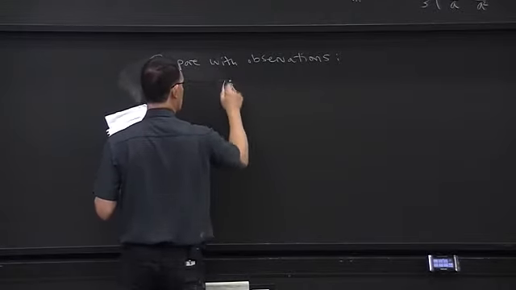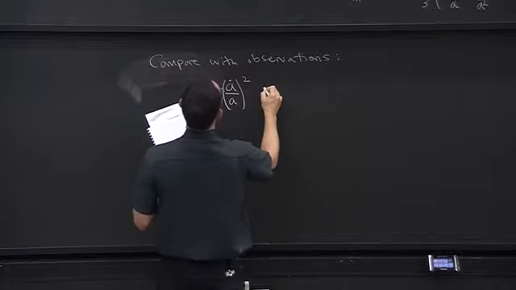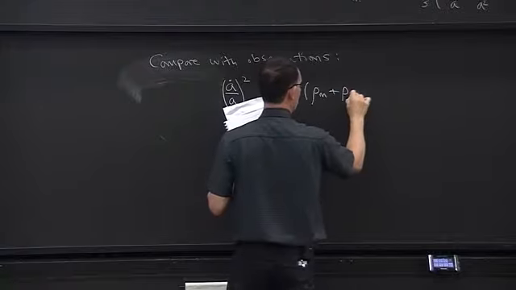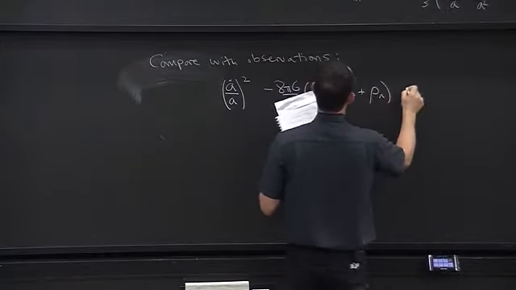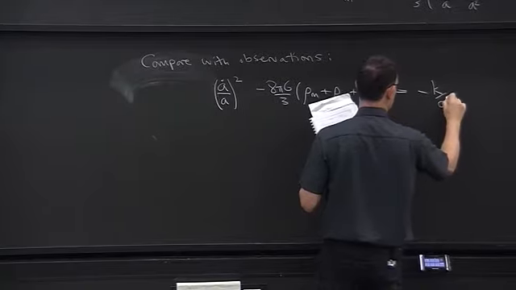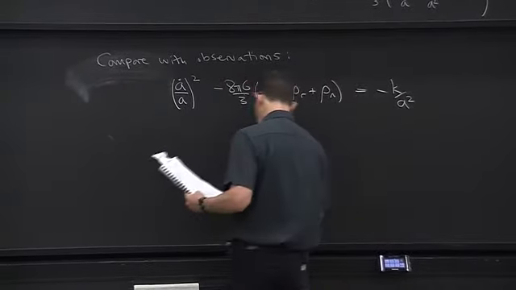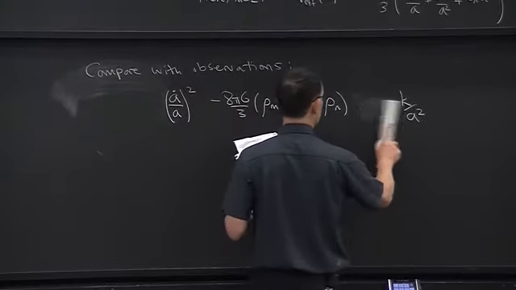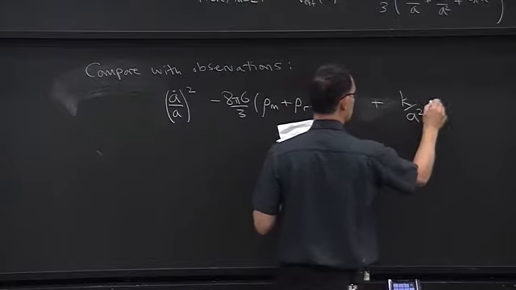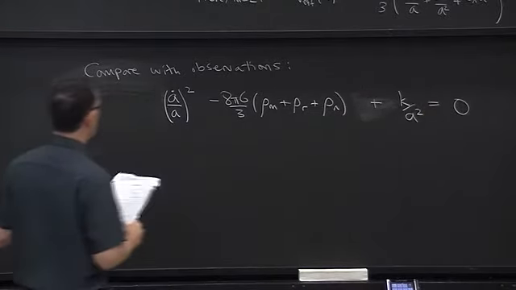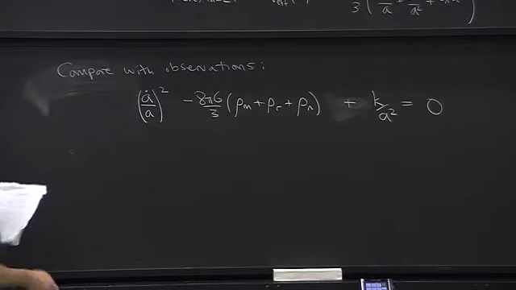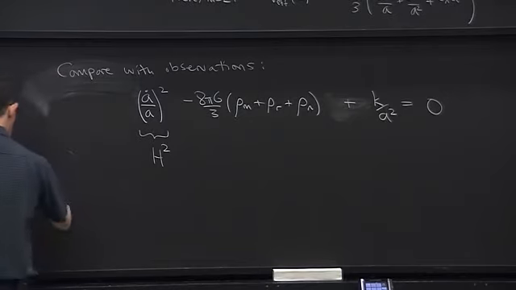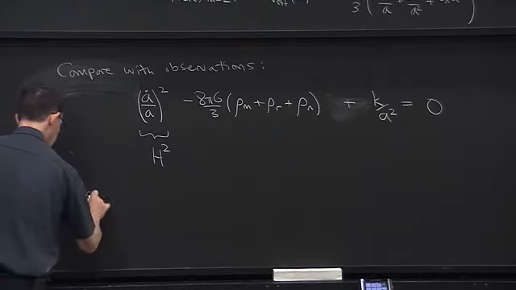So a dot over a squared minus 8 pi g over 3 times rho m plus rho r plus rho lambda equals minus k over a squared. In fact, I'm even going to bring that over here, plus k over a squared equals 0. This quantity is known as the Hubble constant squared. H equals Hubble constant.